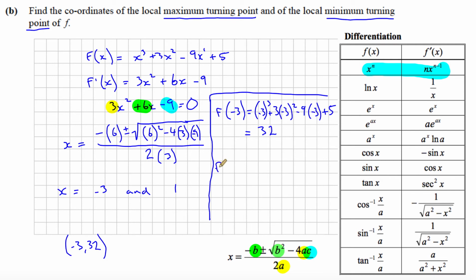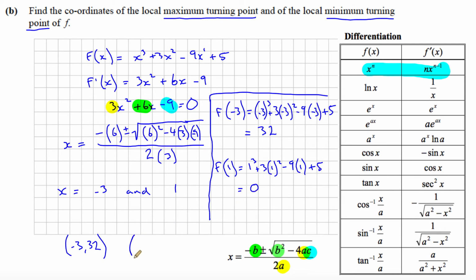Then I'm going to do the same thing with my other x value, 1. So f of 1 is equal to 1 cubed plus 3 times 1 squared minus 9 times 1 plus 5. So putting all of this into my calculator gives me a value of 0.